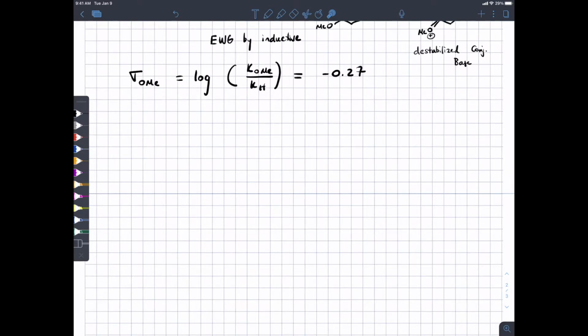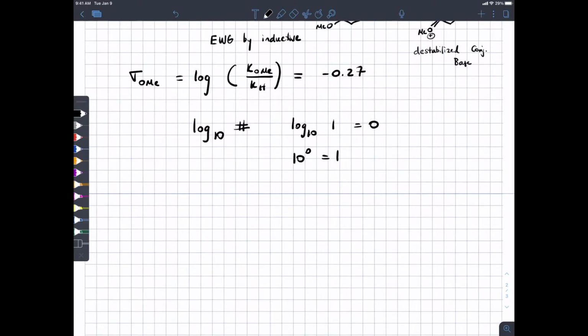The log can have any particular base, but let's talk about the base 10 logarithm of a number. The log asks, what exponent do I have to raise 10 to get that particular number? So the base 10 log of 1 is 0 because 10 to the 0 equals 1.